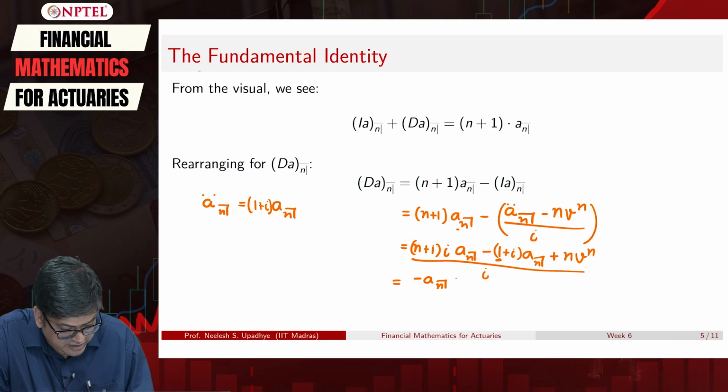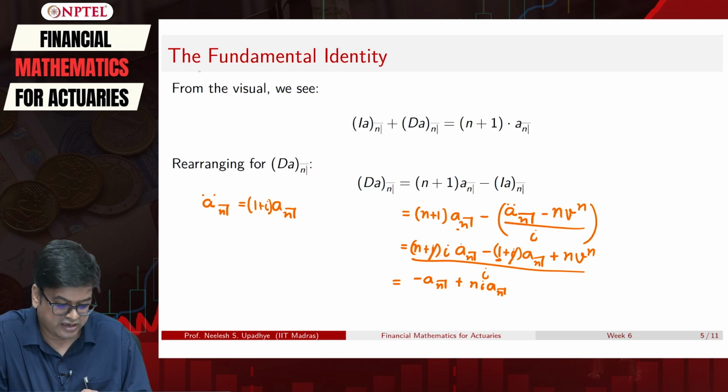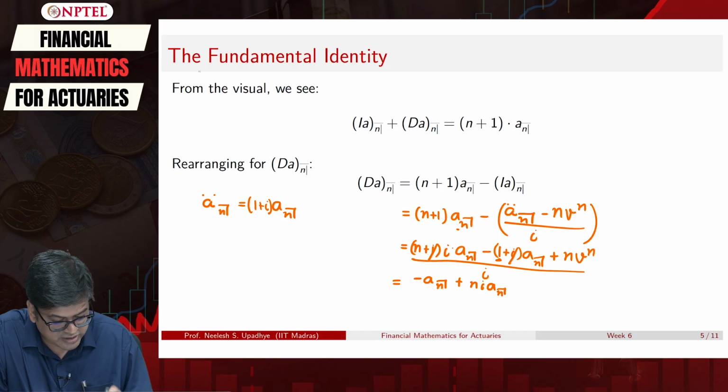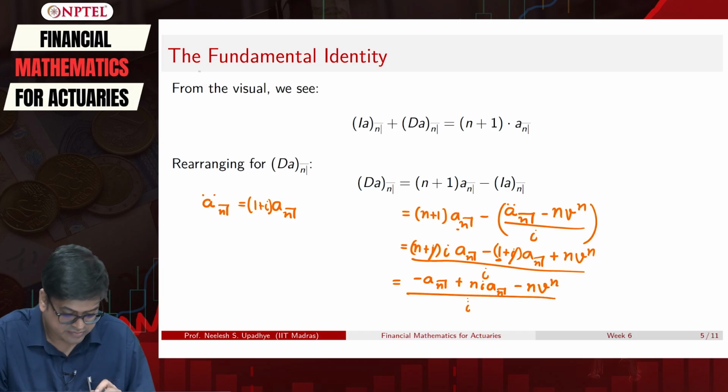Then I will try to handle this n A n, n I A angle n, and this I A n will cancel itself off with this I A n. So I do not have to worry about that. So A n terms are done. Then I have minus n v raised to n upon I, right.